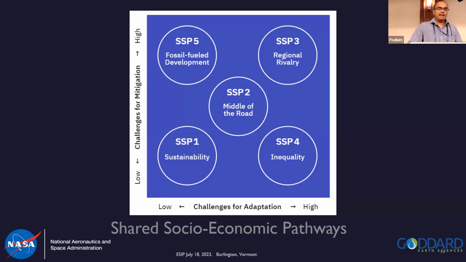Then again, where regional rivalry comes into play, ideally not good. The inequality, SSP4, those are not the best ways forward. Again, this is for each community to decide: are you up for mitigation? Do you have resources for it? Or are you up for adaptation? And what group do you see yourself in?